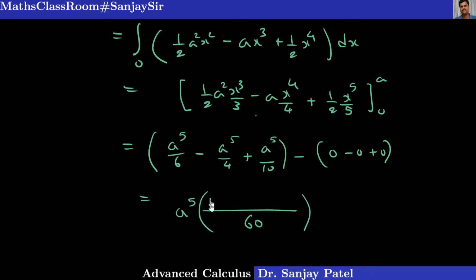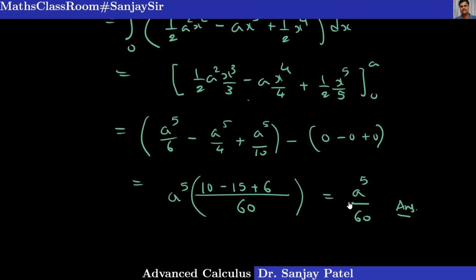What remains is, here it is 10, minus 15 4s are 60, plus 10 6s are 60. Okay, fine. So 16 minus, 10 plus 6 is 16, minus 15 is 1. So it is finally a raised to 5 by 60. So this is our final answer.